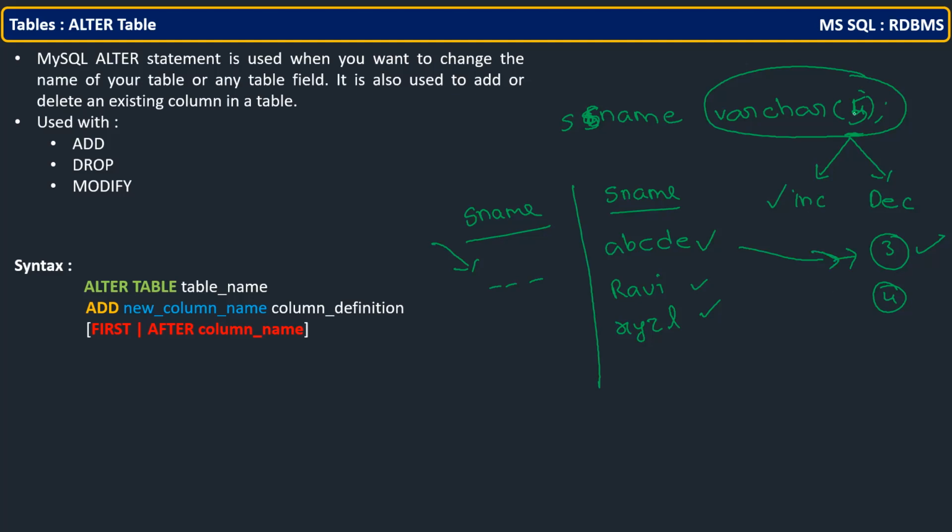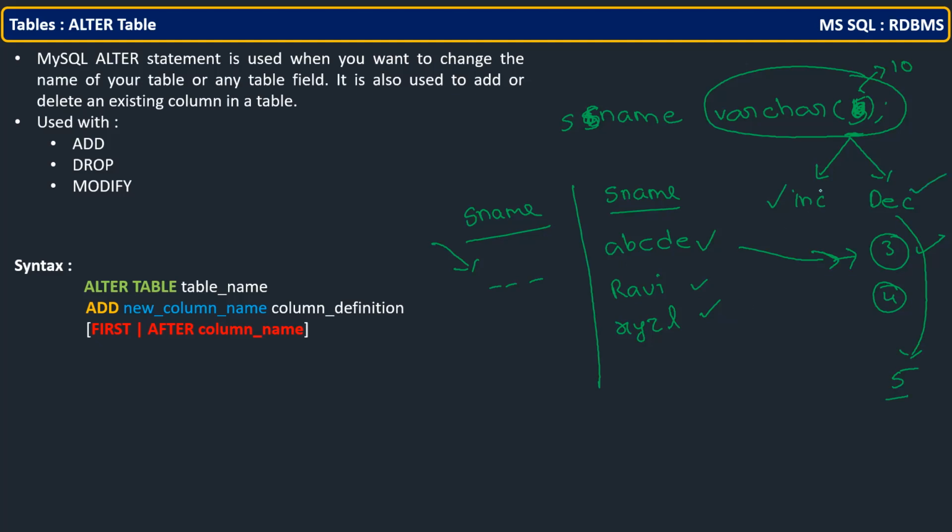For example, here you already gave 10. Now, if you are trying to decrease to 5, then it will check 5, 4, 4. So the maximum length in the existing data is 5, and you are trying to change to 5. So at that time it will allow decreasing.